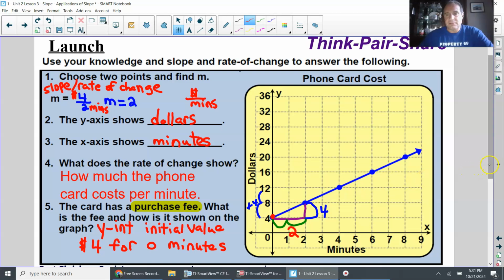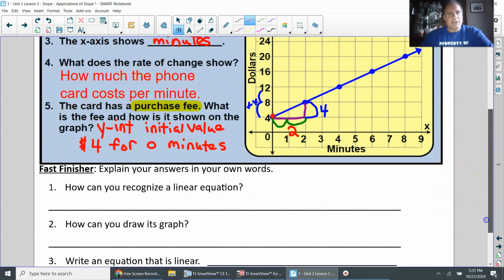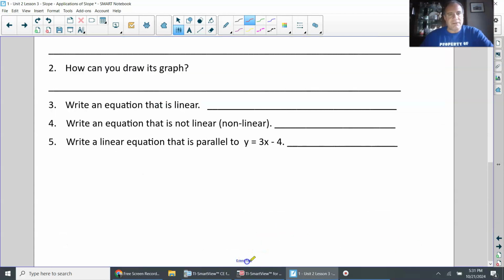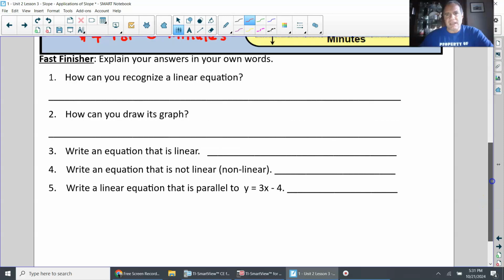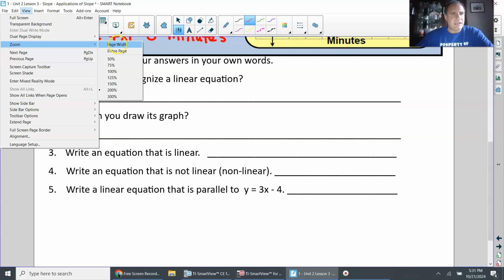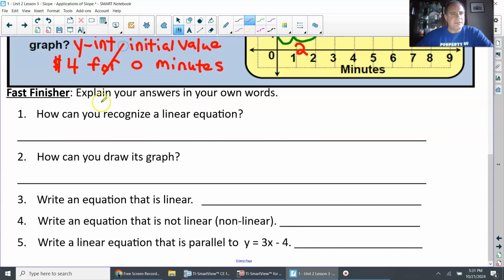And that's it. So there are a lot of questions here, and these are very, very good questions to get things straight and make sure that you understand everything about all of this, right? So explain your answers in your own words.